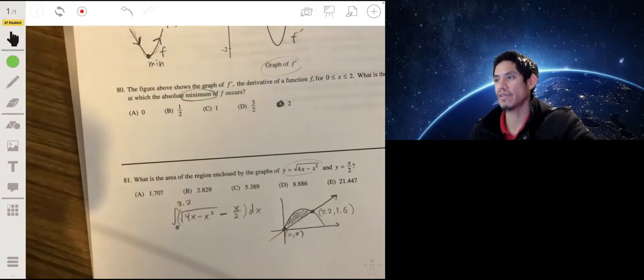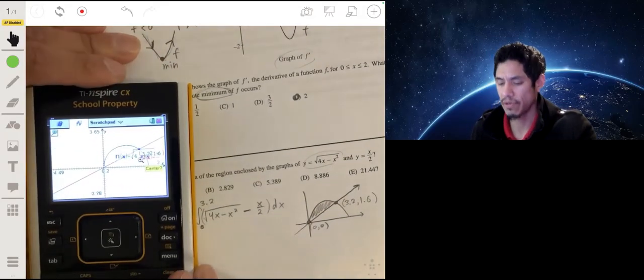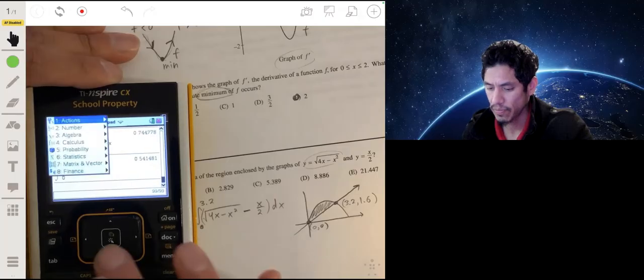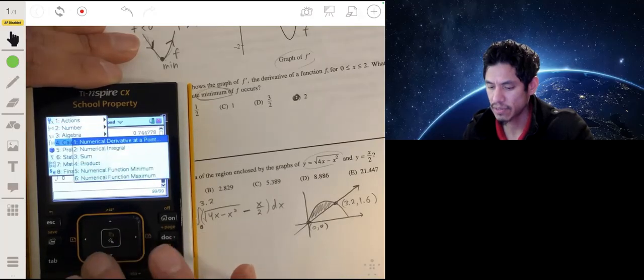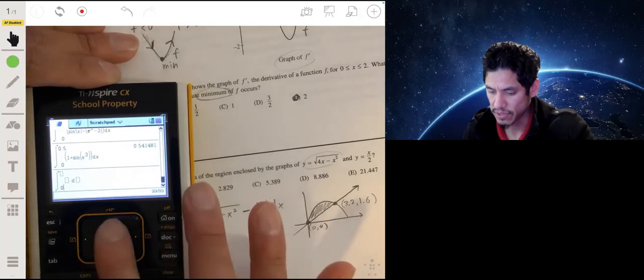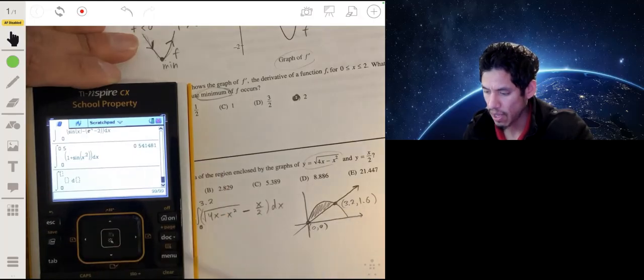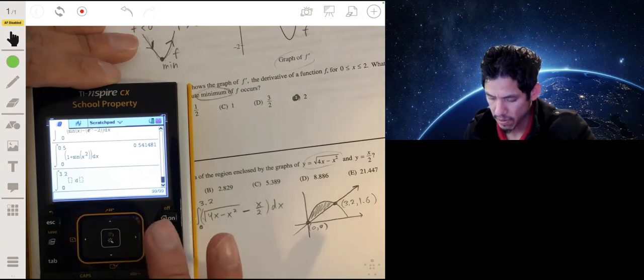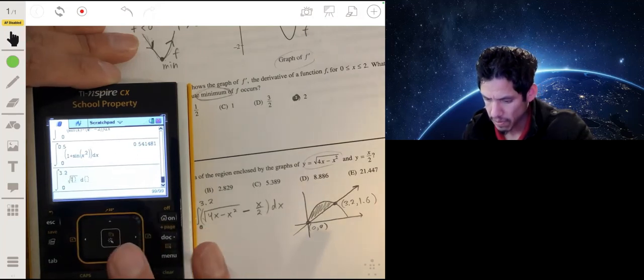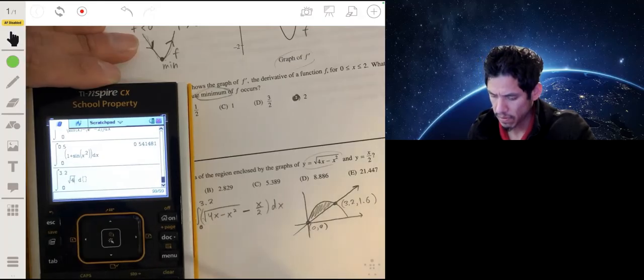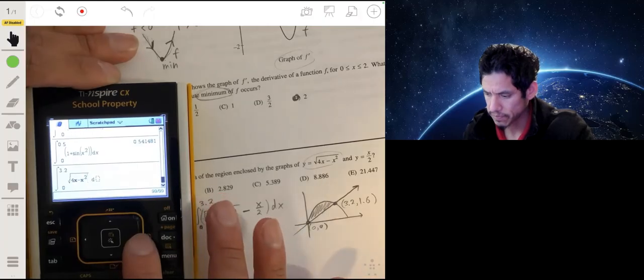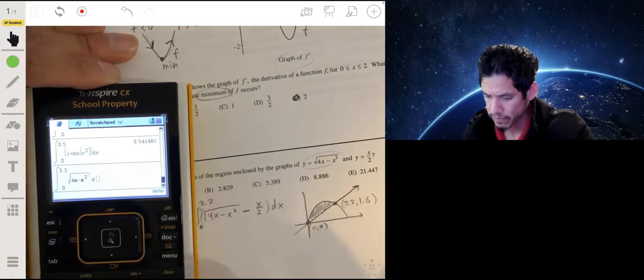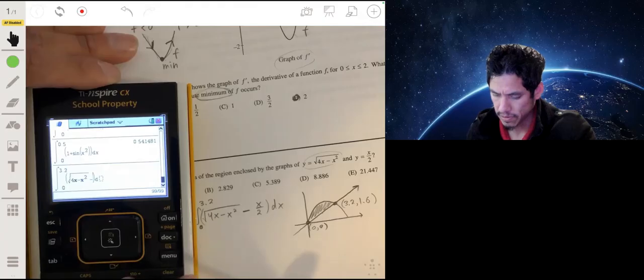So we'll use our calculator for that again. Go back to the calculator screen, go to calculus, numerical integral from 0 to 3.2, of the square root of 4x minus x squared, minus x divided by 2.